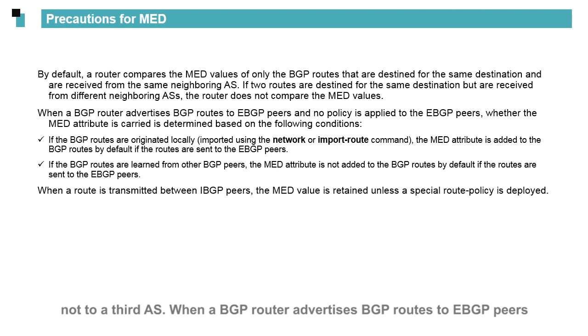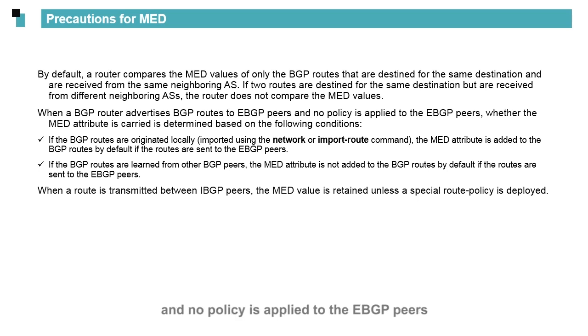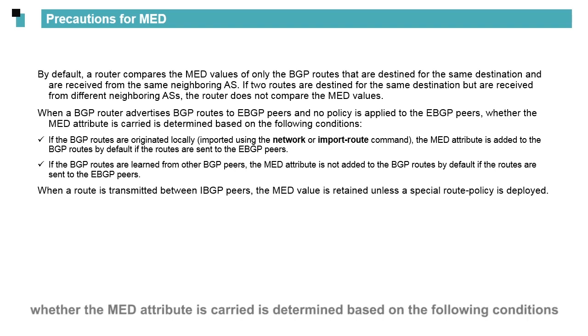When a BGP router advertises BGP routes to eBGP peers and no policy is applied to the eBGP peers, whether the MED attribute is carried is determined based on the following conditions.